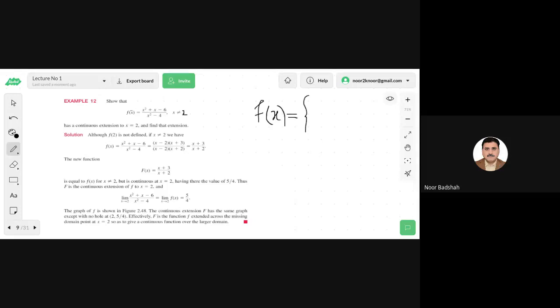You would write the function exactly as it is: x square plus x minus 6 divided by x square minus 4 when x is not equal to 2, and you would define it from your side for x equal to 2. What would be the value at x equal to 2? That would be simply the limit you have found. You would give that value to x equal to 2.